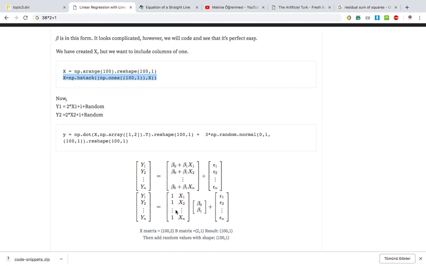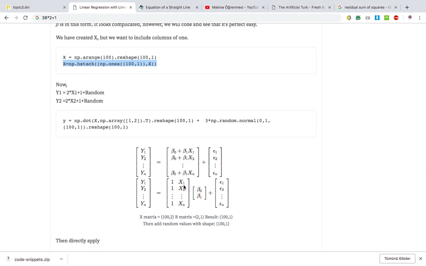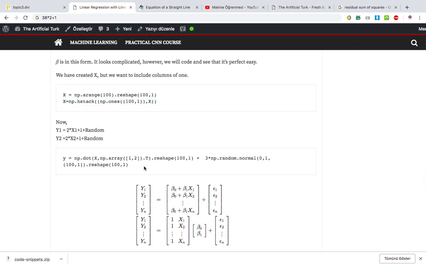To get y, we need to multiply the X matrix with the B matrix, and also we need to add the randomness. So we will do it like that.